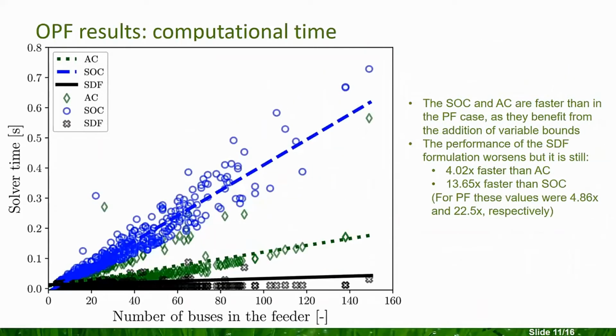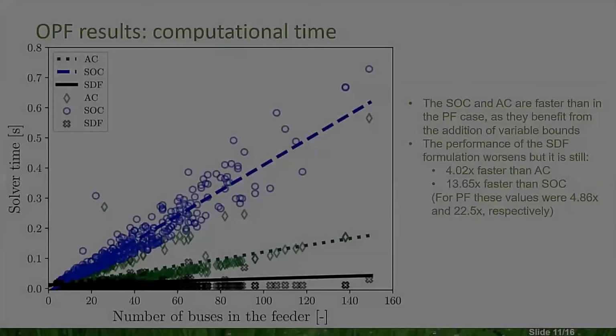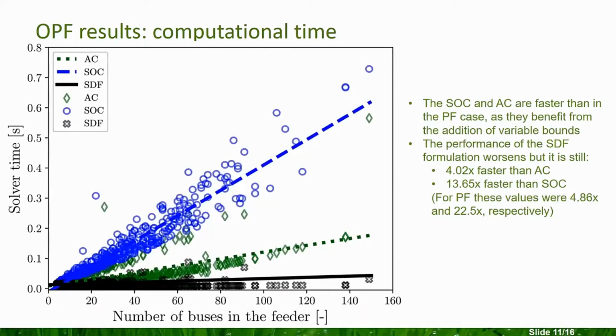In the case of the OPF, the computational time for the second order cone formulation decreases rather significantly, and this is probably to attribute to the presence of bounds on all variables that restricts the feasible space. While for the SDF, the performance worsens a bit, but it is on average still 4 times faster than the AC and 14 times faster than the SOC formulation.